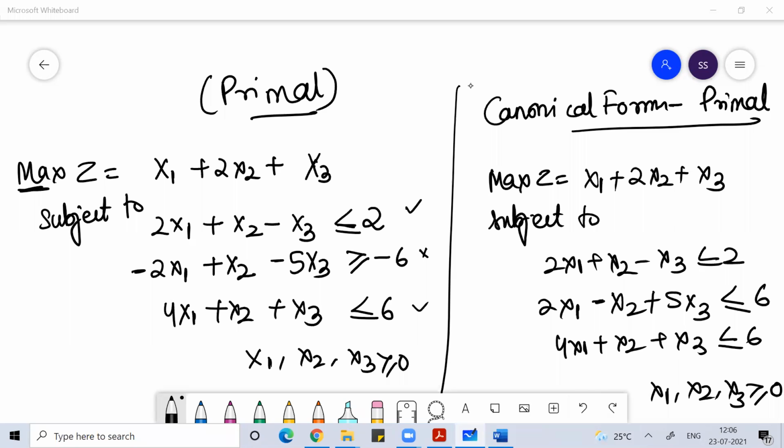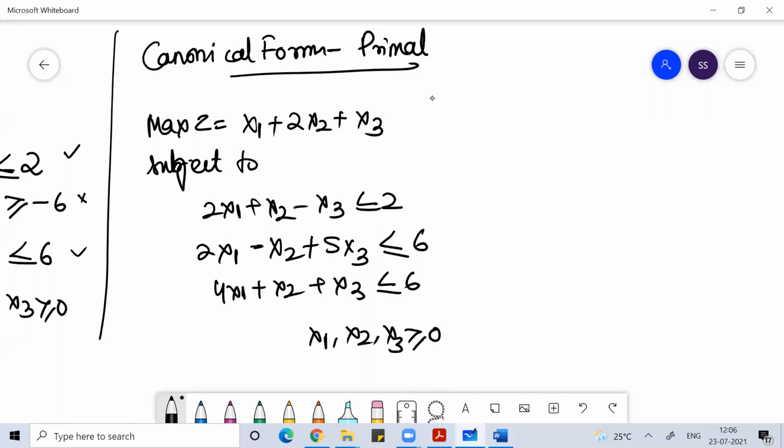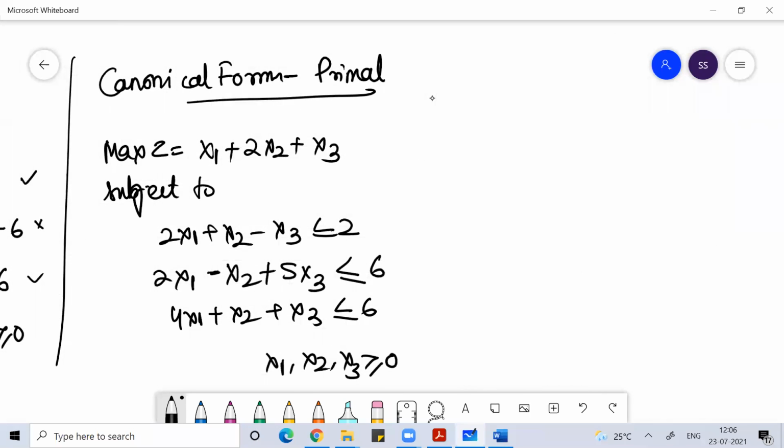Okay, fine. So once you are clear on this, now I want to write the dual form of the primal that I have.